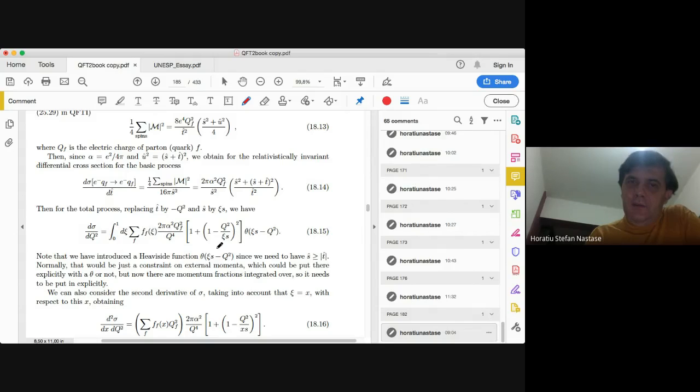Because we have a parton with fraction xi, which comes from somewhere, and then we integrate over this xi. So because we integrate over this xi, we have to put the Heaviside function. Otherwise, this doesn't make sense.